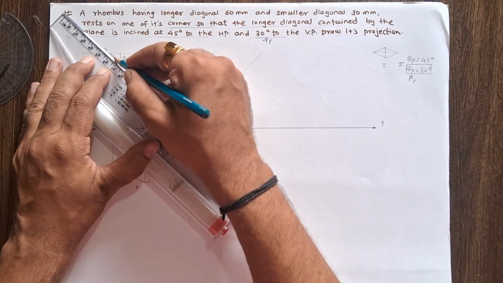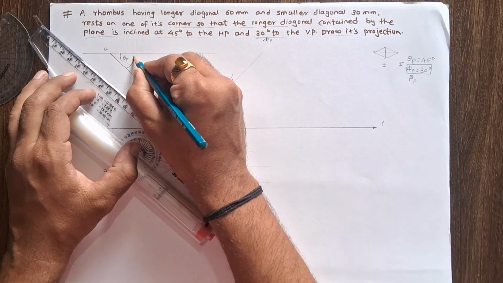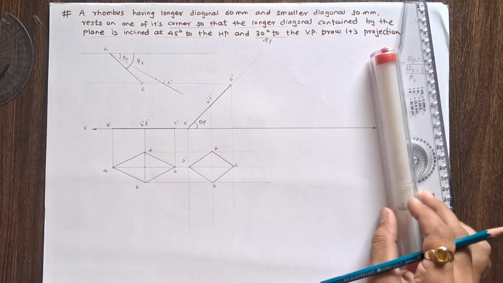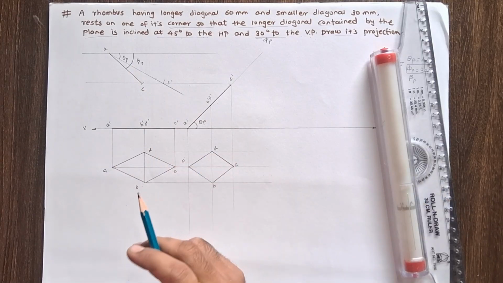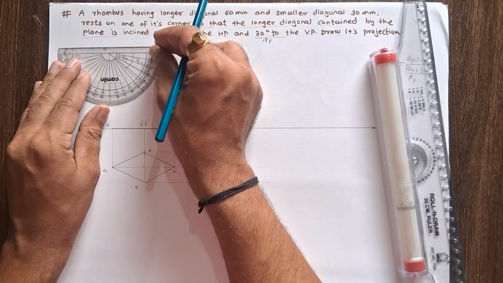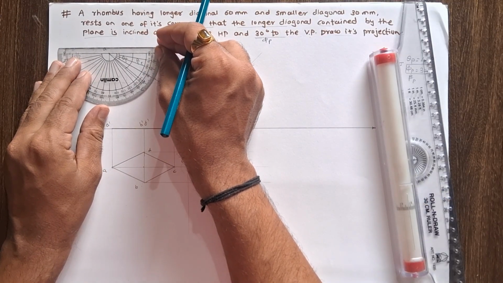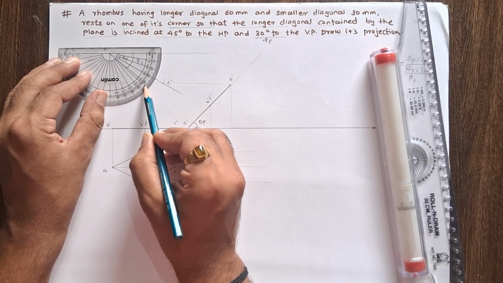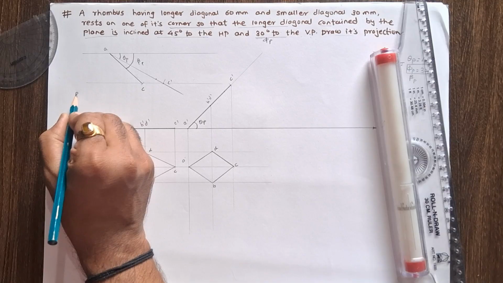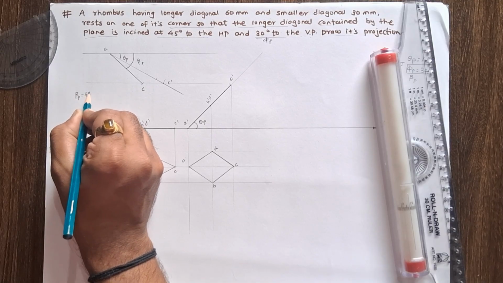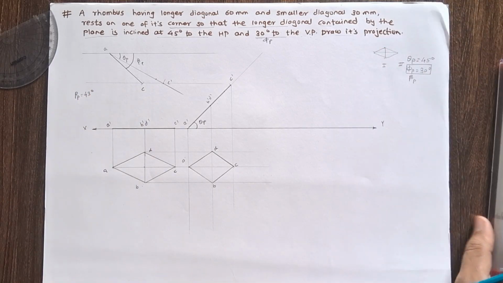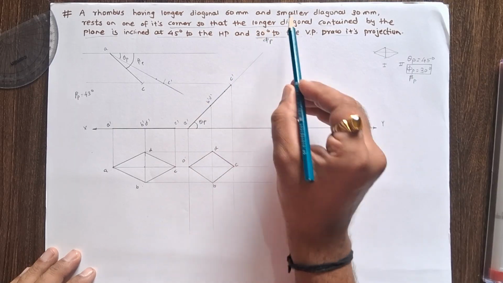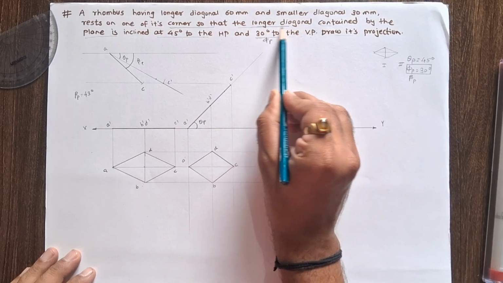This is the apparent length, and this apparent length makes the beta plane angle. Now we can take this beta plane angle for the final view. Measure this beta plane angle. This angle is 43 degrees. So the beta plane angle is 43 degrees.